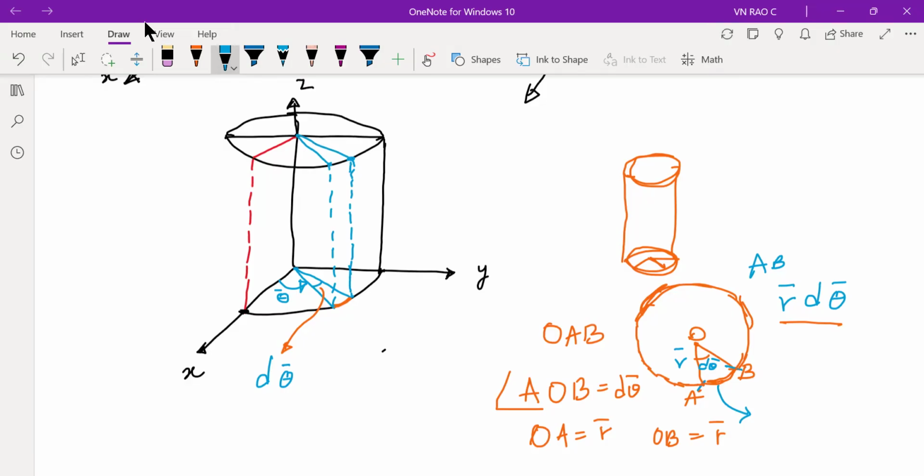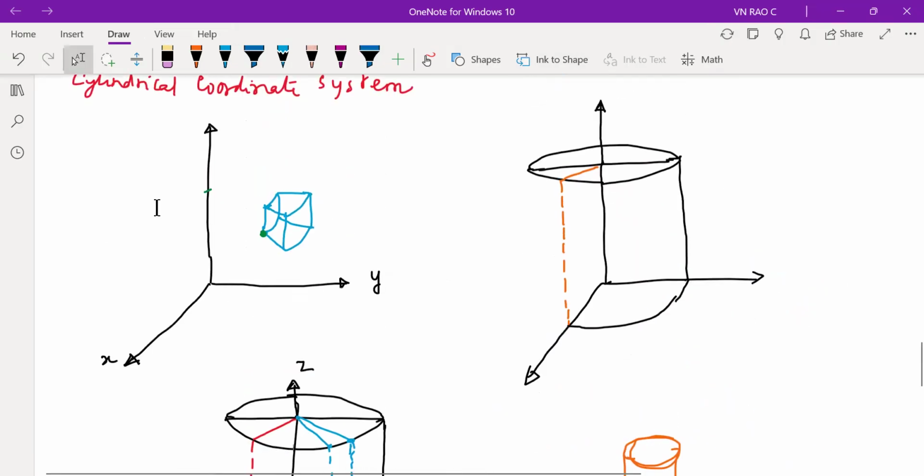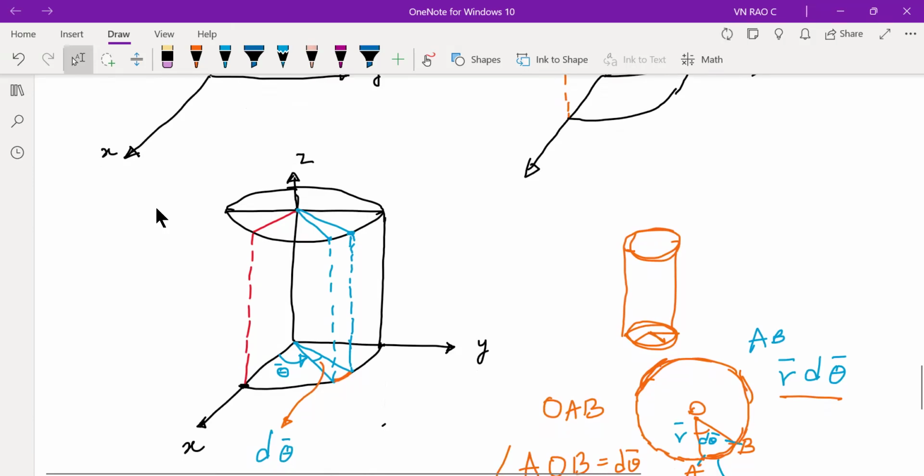Okay. Now, our small portion of the element. See, already I have shown you. Our small portion of the element, how does it emerge? It should look something like this.